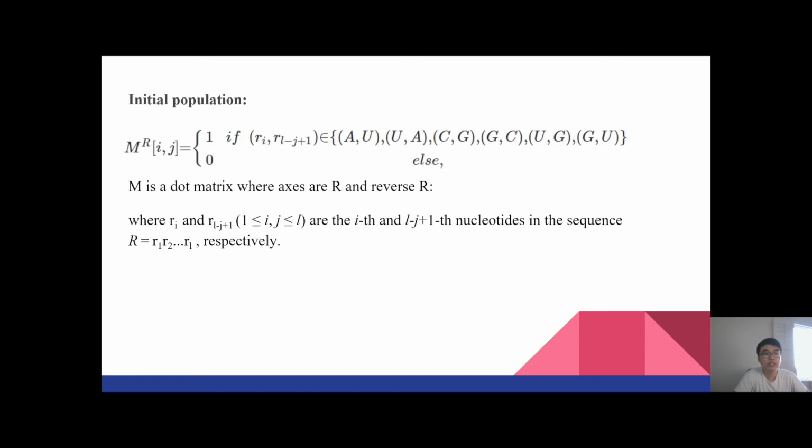After that, we can create a dot matrix where the axes are R and reverse R. Over here, we can see that the pairs AU and UA are basically what I mentioned above. CG and GC also. You can see there's an extra one, UG and GU. This is a special one, and usually these bondings are not going to be formed, so we might eliminate it during the process.